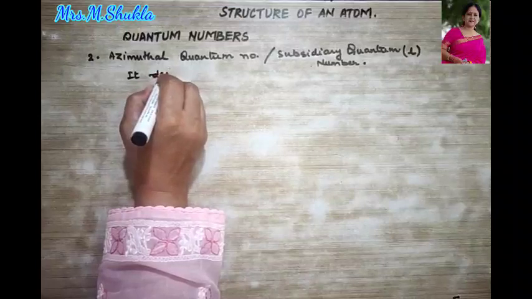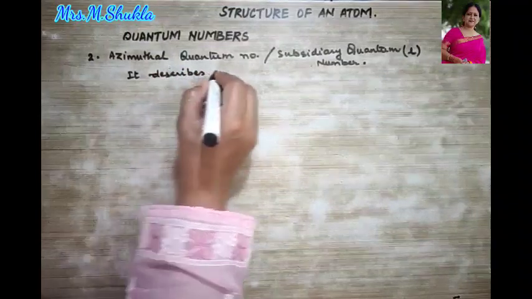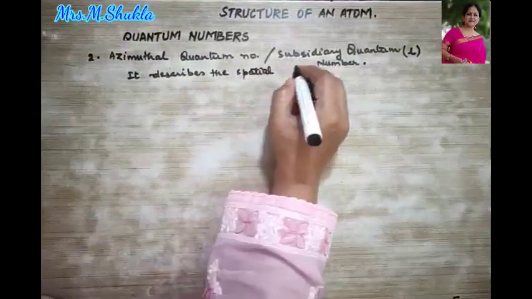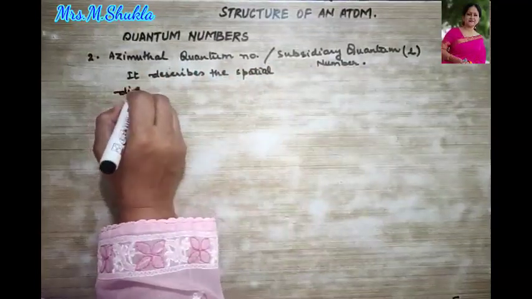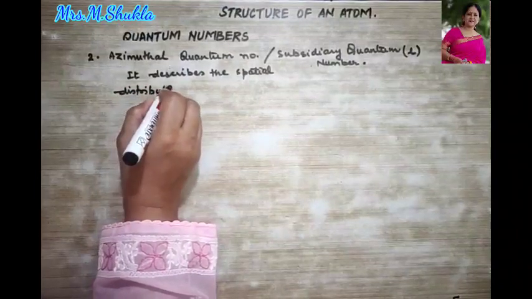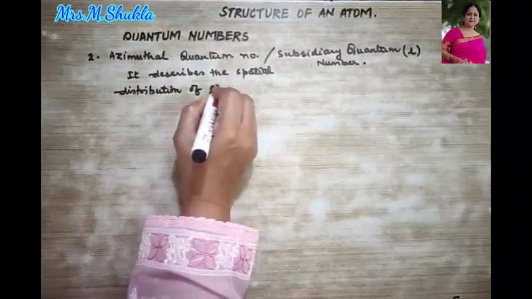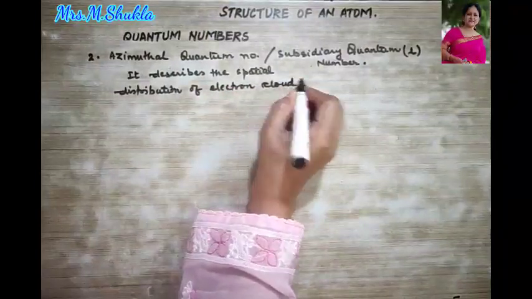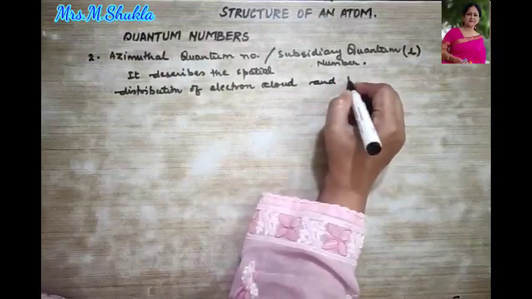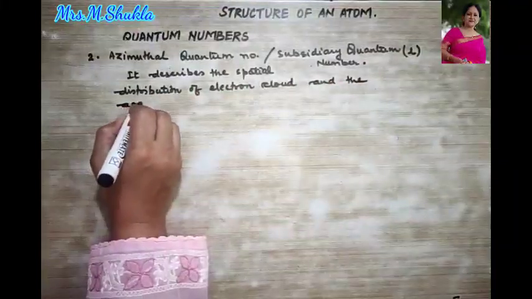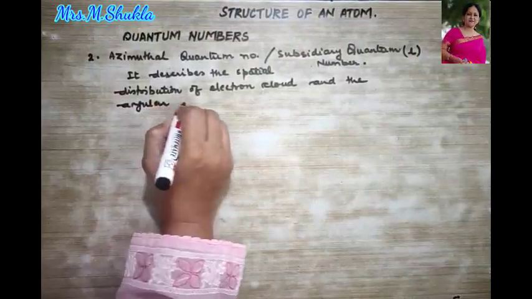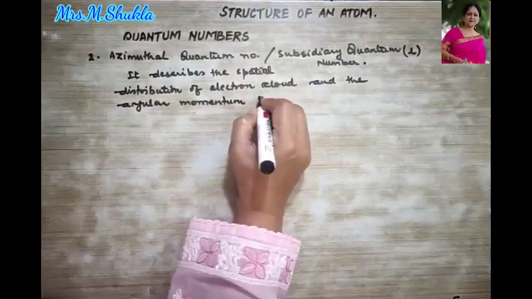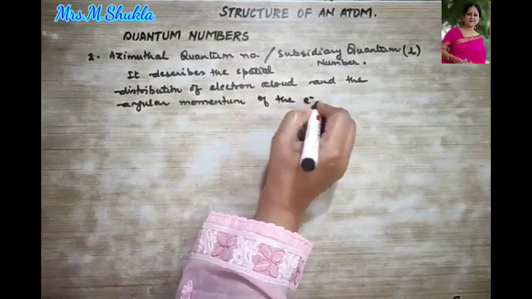It describes the spatial distribution of electron cloud and also the angular momentum of the electron.